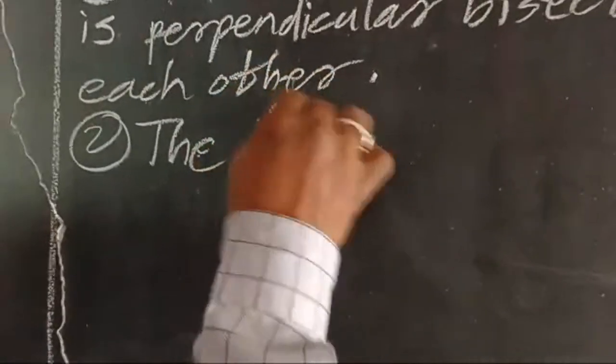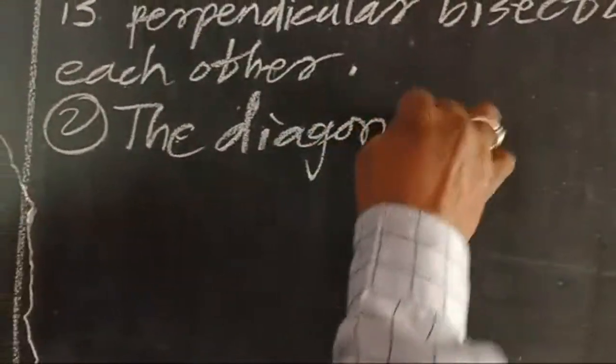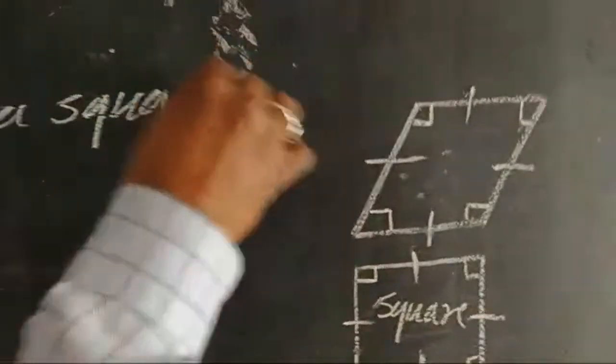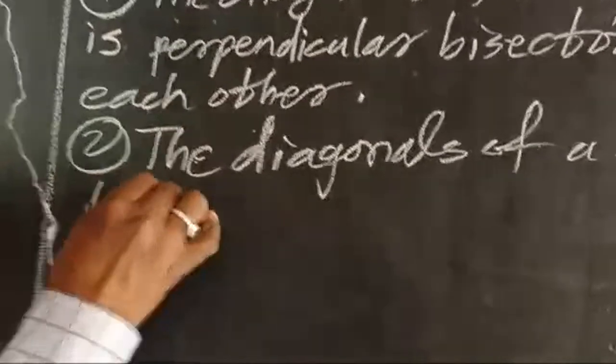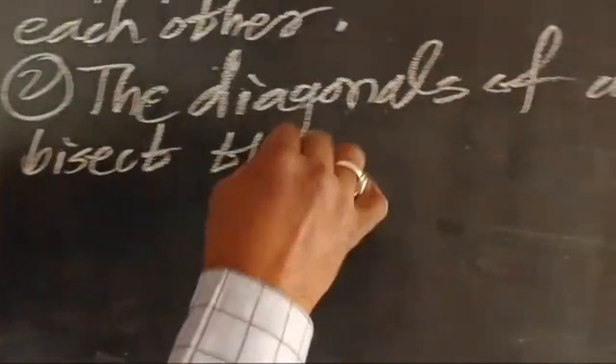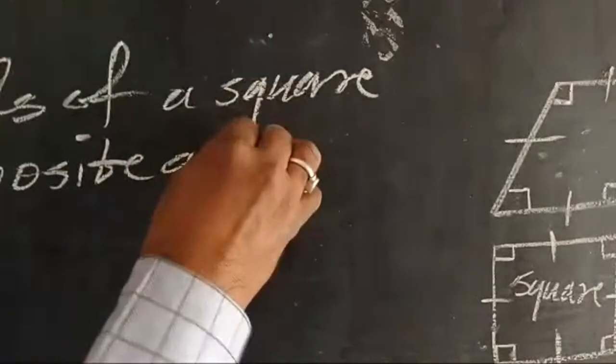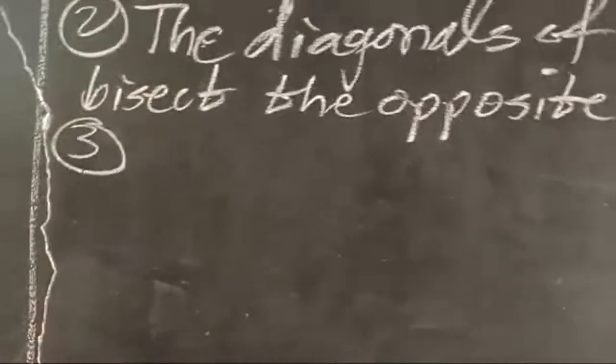What do we write here? The diagonals of a square bisect the opposite angles. And one extra property we get here, depending on length. Measure the length.